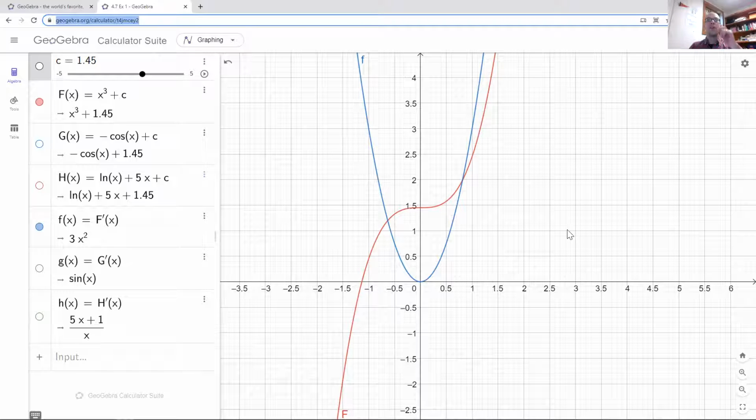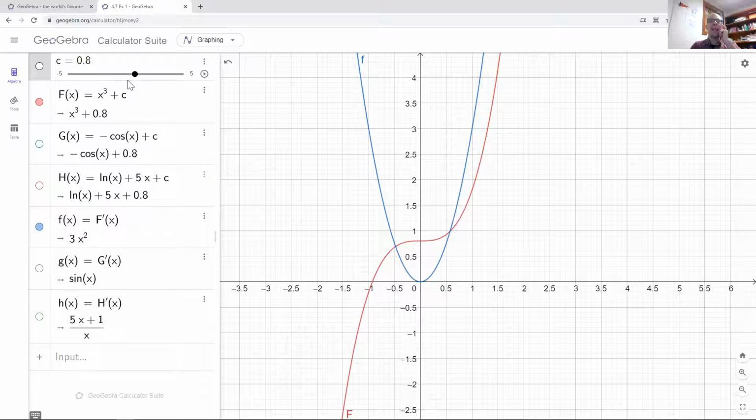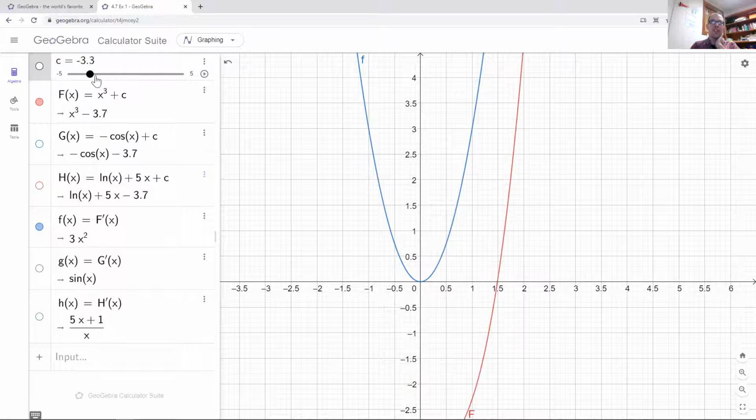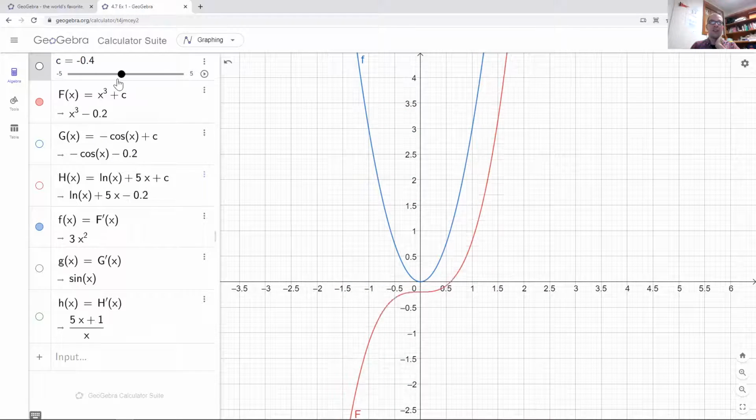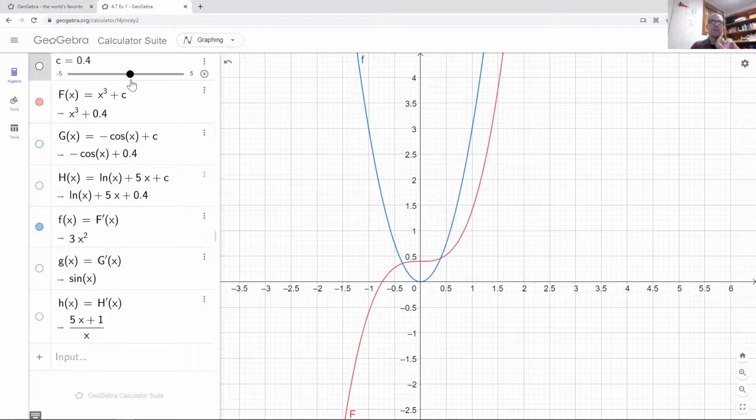GeoGebra link and put it in. But the idea here is, we've got our parent function, big f of x, and in GeoGebra, I defined little f of x as big F prime of x, so little f is the derivative of this. And notice that no matter where we change c, this constant that we're shifting our antiderivative by, the derivative stays the same.